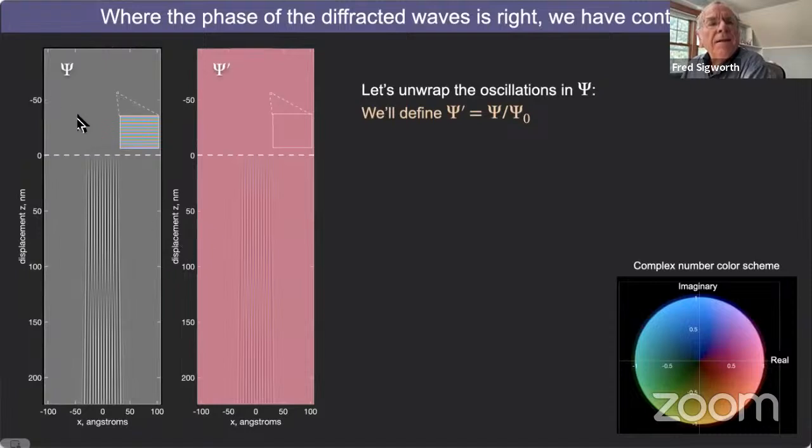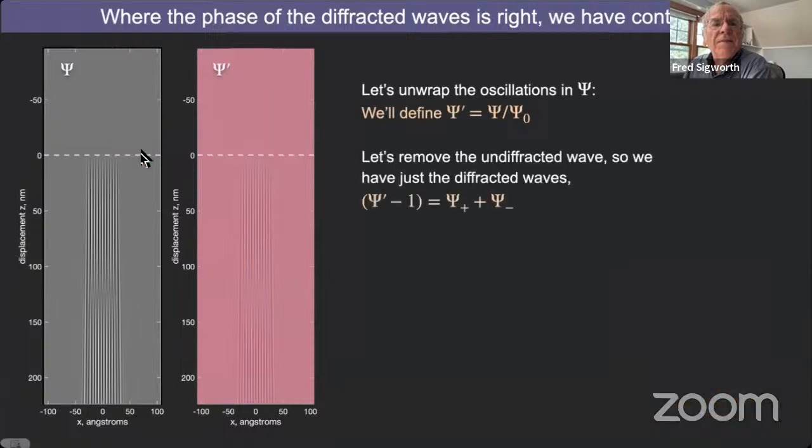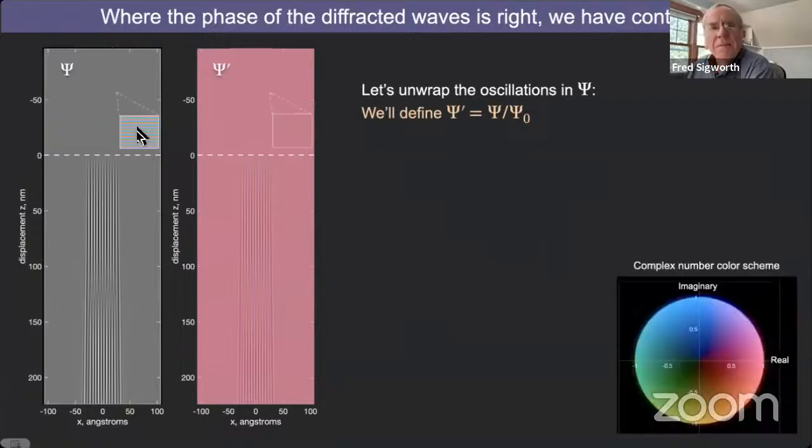Okay, so here's another part of the simulation. This is what I showed you before, and if I really magnify this, yep, there are these little electron waves that are so tiny that we can't see. So what I'm going to do first is unwrap this periodicity, and the way I will do it is I'm going to divide the actual wave function by the unscattered wave function.